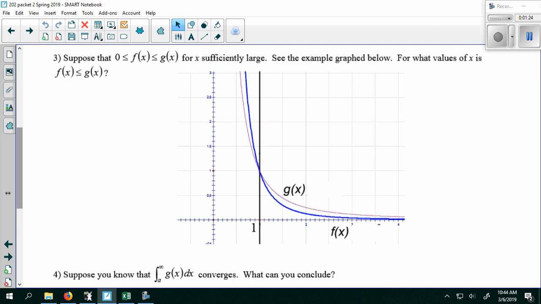Okay, so suppose that you have two functions, f and g. They're both positive, they're both always above the x-axis, and f is smaller than g for x after some x value. So here's an example. For what values of x is f less than or equal to g, according to this graph?